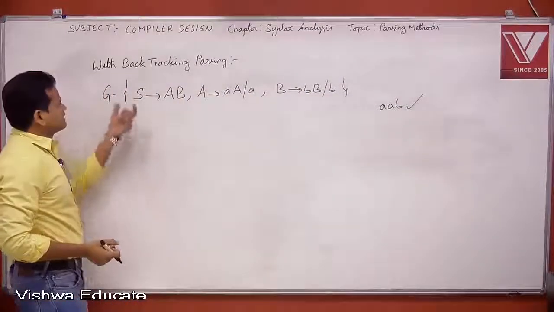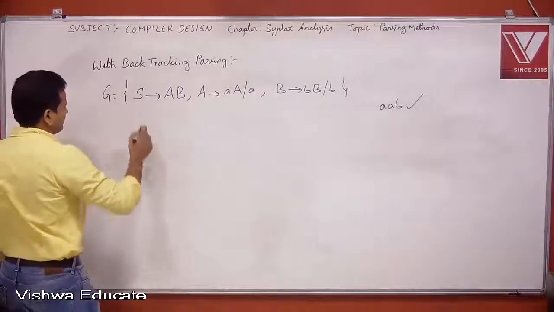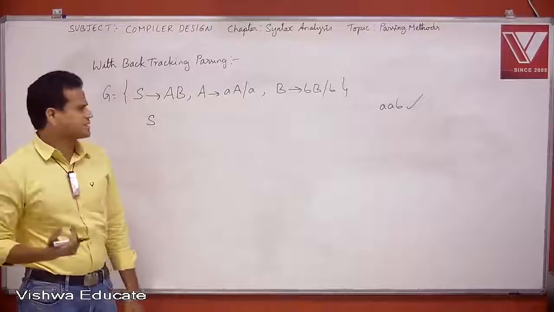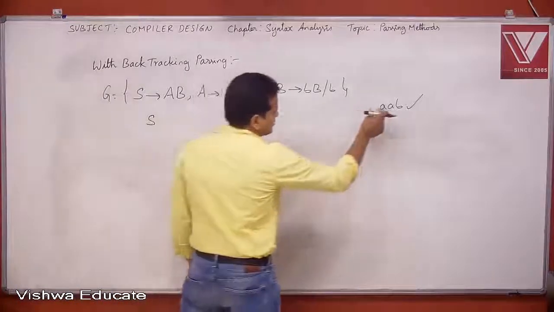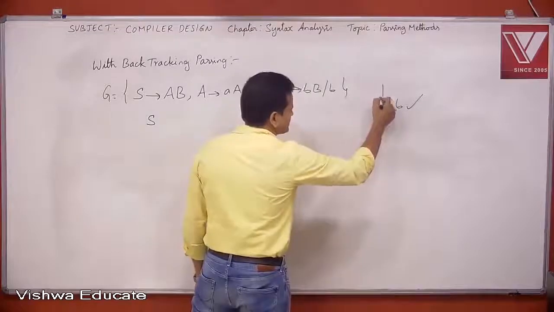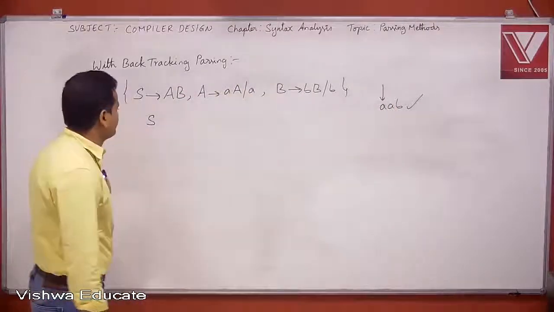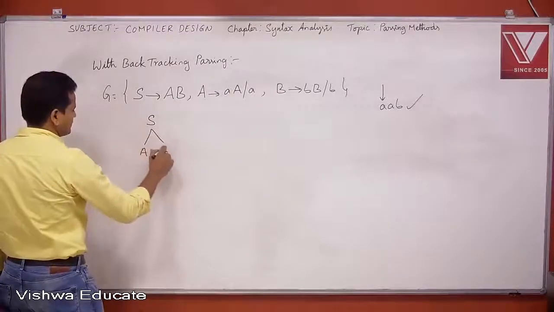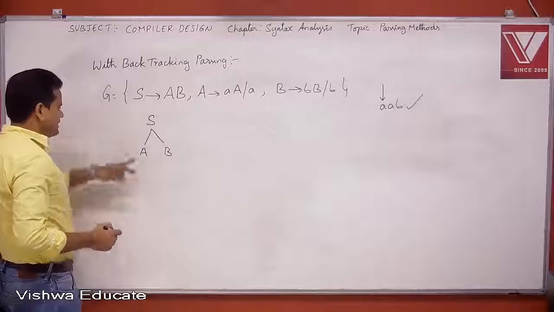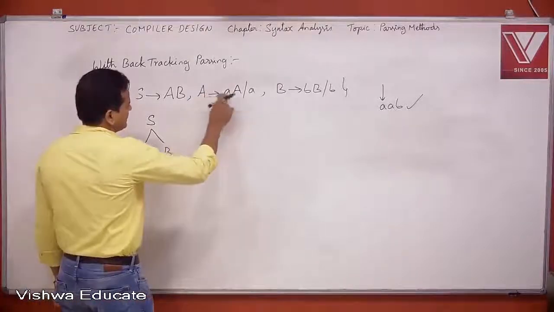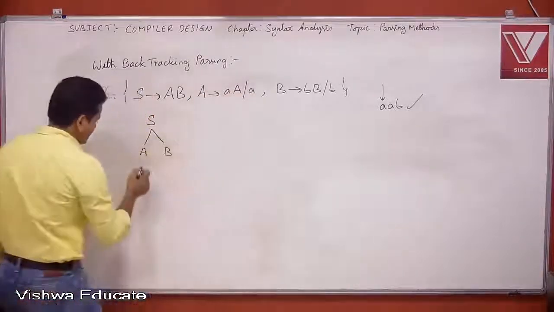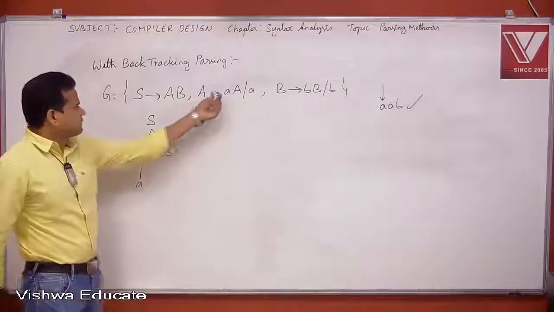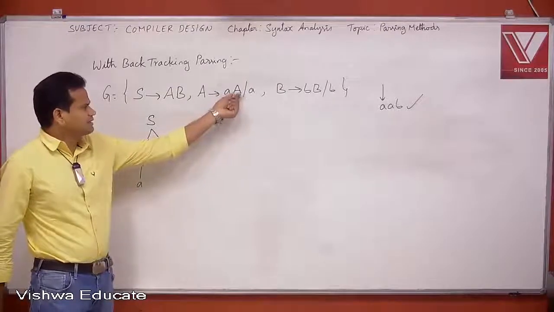Now what is backtracking? It starts from the start symbol. It is a top down parsing, means it starts from the start symbol. So what is the string to be derived? AAB. What is the first symbol it requires? A. So S has only one production, AB. Now in A place it has two productions, AA and A. If the parser goes to A, in A place it can go for this or it can go for this.